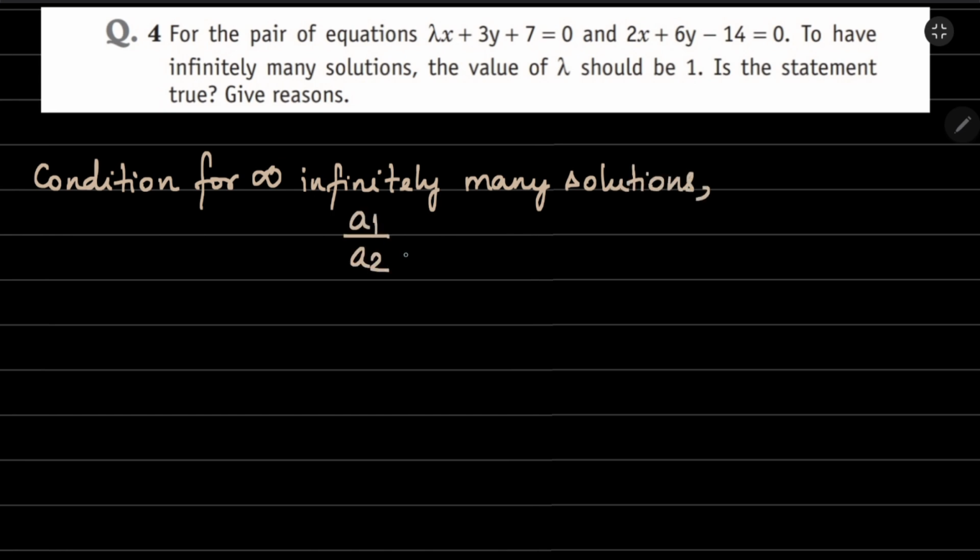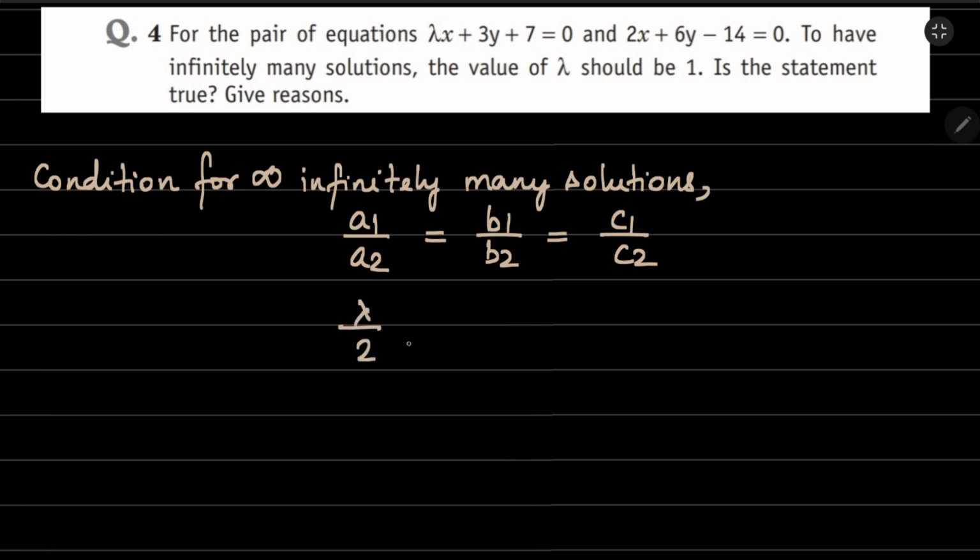That is, a1 by a2 should be equal to b1 by b2, and this should be equal to c1 by c2.